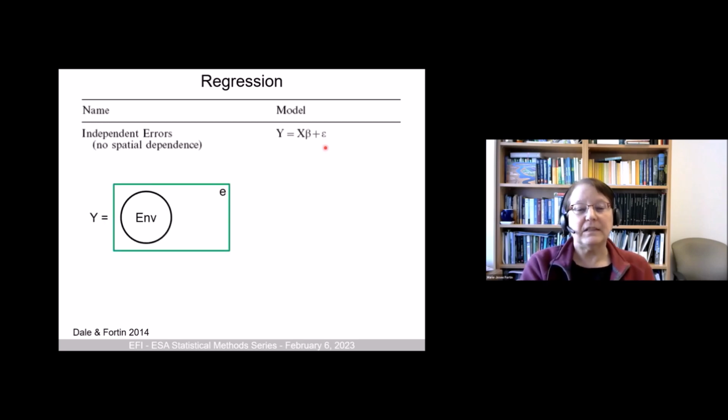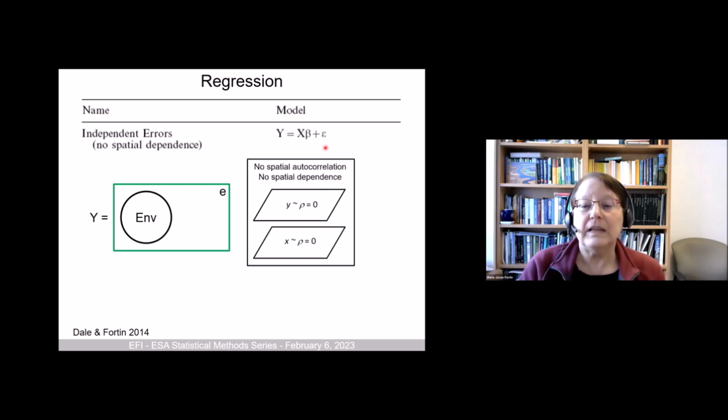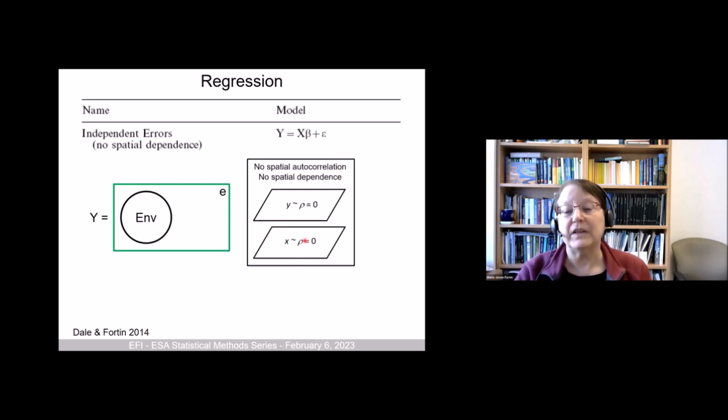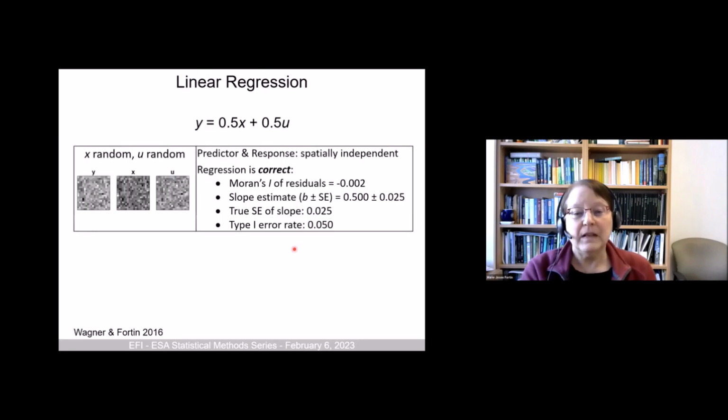If we visualize it, this is the perfect case where we just have an environmental variable that affects our response variable, and of course some errors. In the spatial context, that means that here we don't have any autocorrelation in the predictors and no autocorrelation in the response. So there is really no dependency and no autocorrelation. So that's the perfect case.